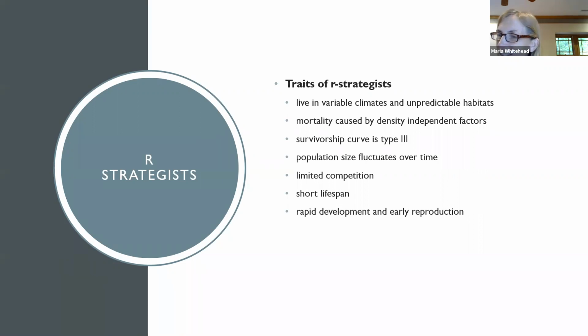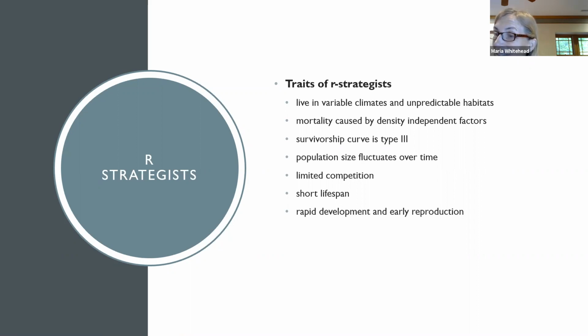So R strategists are species that are well adapted to have high values of the R max that we talked about already. So in general, they are small, short-lived species. They're able to take advantage of new opportunities and changing conditions in an environment more efficiently than sort of the low R values in K species.